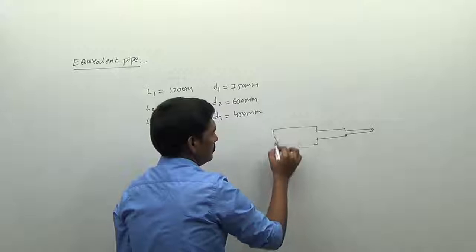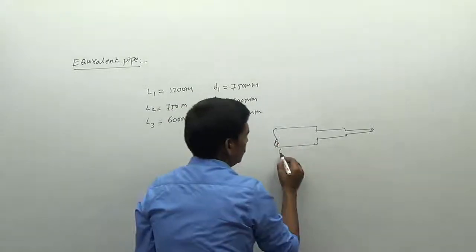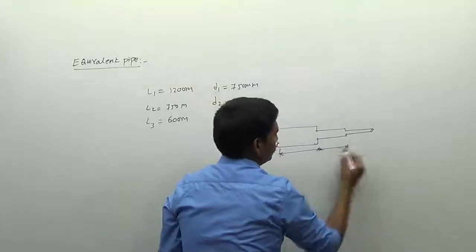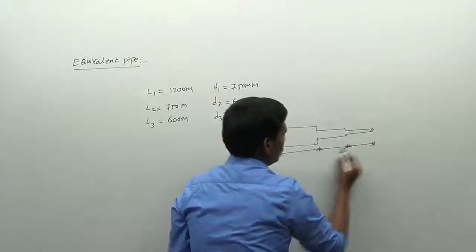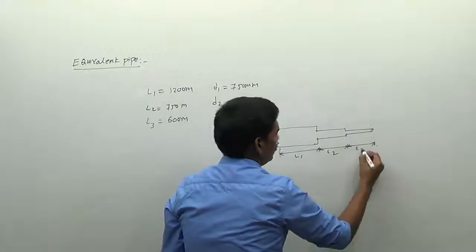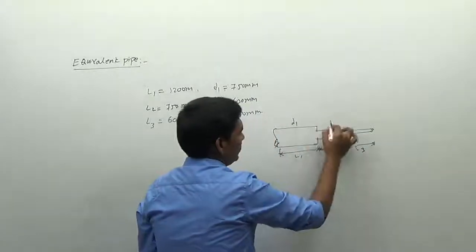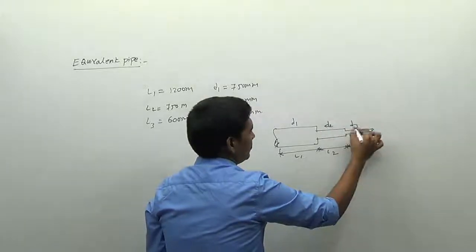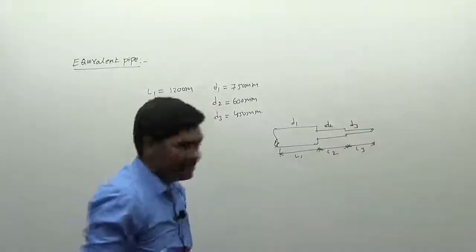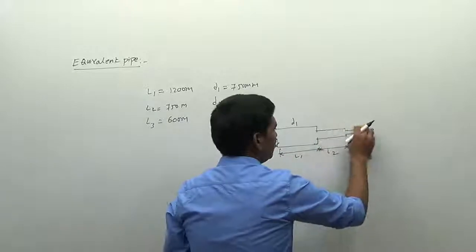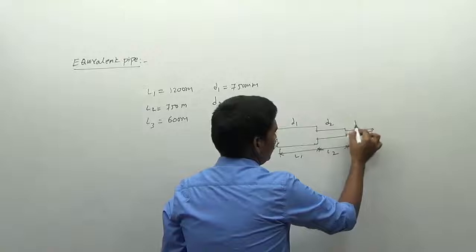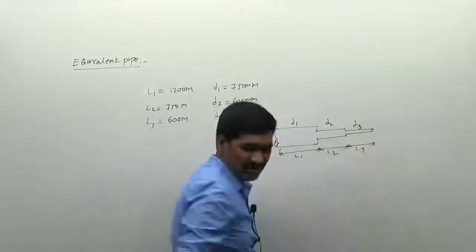The lengths are L1, L2 and then L3, and the diameters D1, D2 and D3. What we have to calculate here is the diameter and length of the equivalent pipeline.